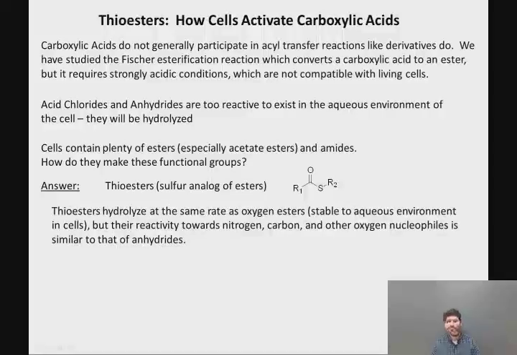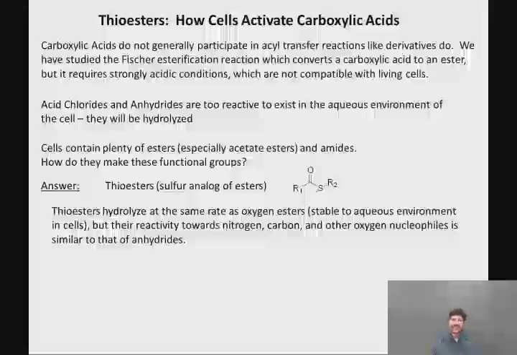Okay, so why are thioesters good? Well, the answer is that they hydrolyze at about the same rate as oxygen esters. So we said anhydrides and acid chlorides hydrolyze too quickly. Esters are stable in the cellular environment. So because thioesters do not hydrolyze any faster, they will be just as stable as regular esters are.